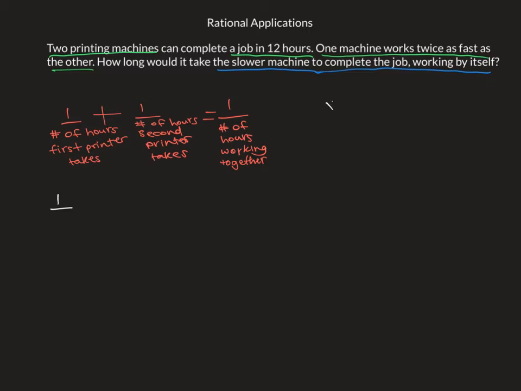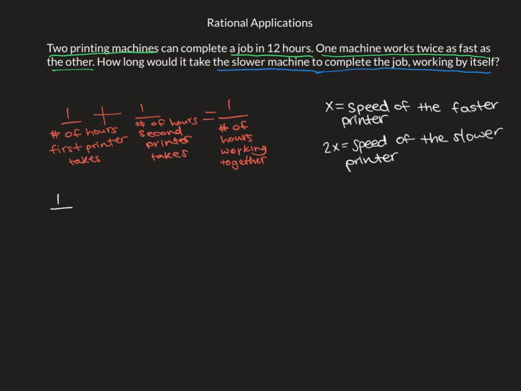So we can say x is equal to the speed of the faster printer, and 2x would be the speed of the slower printer.